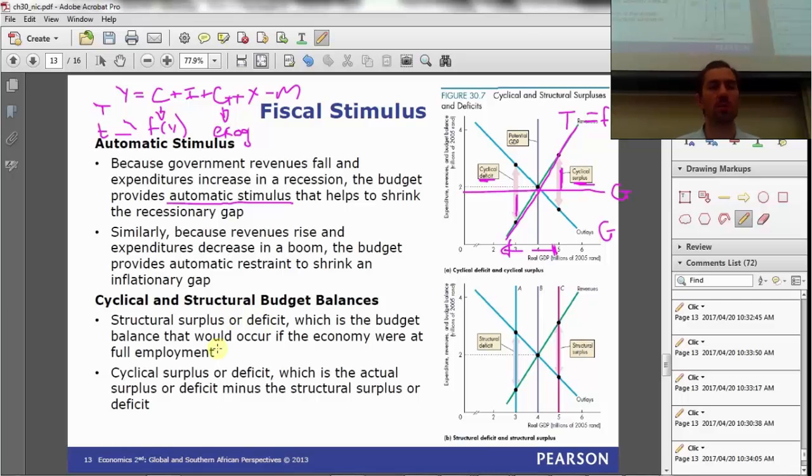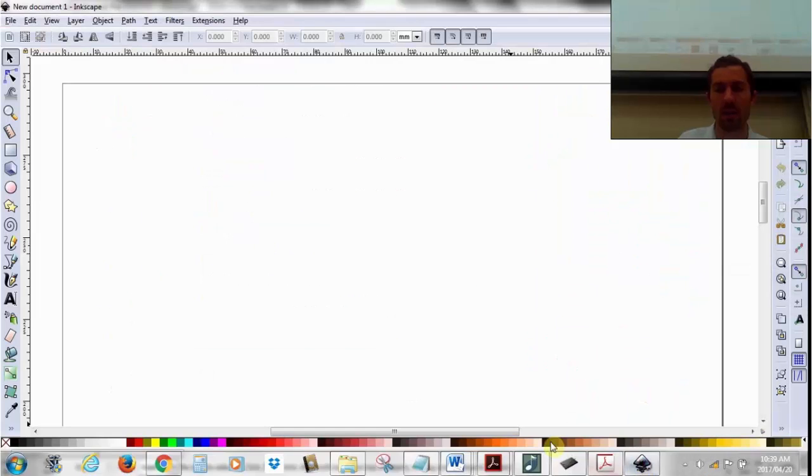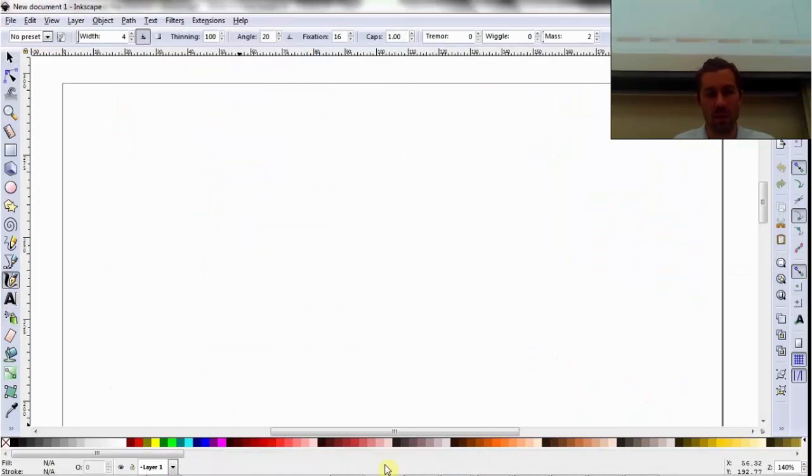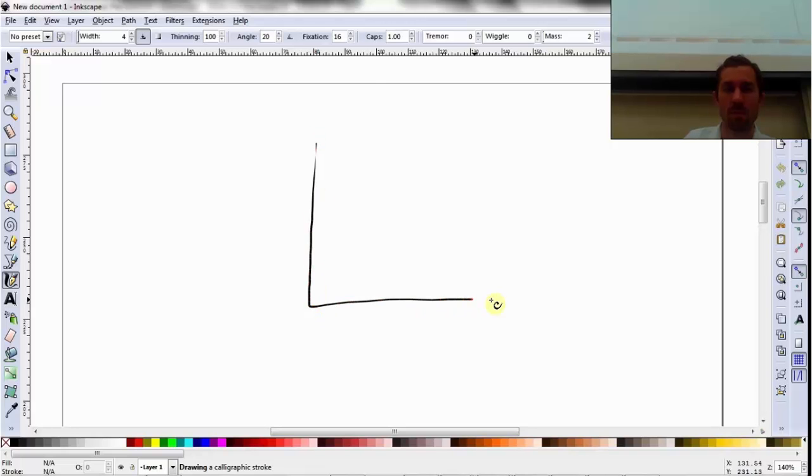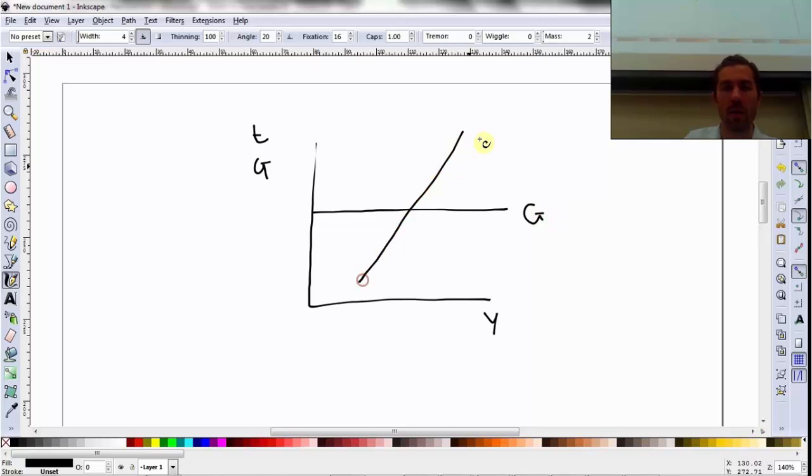What would a structural deficit or a structural surplus look like? Well, if we looked at the same diagram, we're just going to plot the same diagram. So output against either tax revenue or government spending. Let's just use a horizontal government spending and increasing taxes. If this is potential GDP, in other words, potential GDP means we're at the long run aggregate supply curve.